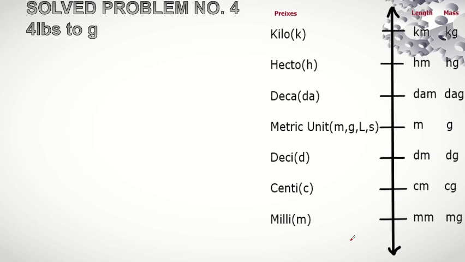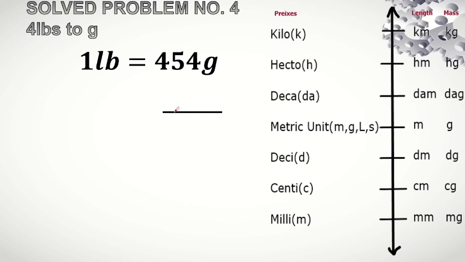Next, we have 4 lbs to gram. First, in 1 lb, we have 454 grams. So, kasi di ba kung makita sa conversion, we have 0.454. Kung di ako nagkakamali. Kilogram. Diba?